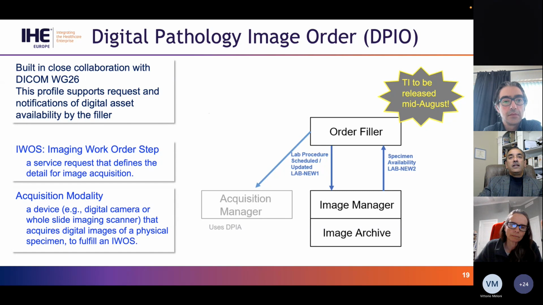So defining the magnification, the type of stain, all these kinds of things that are important to be able to interpret that digital image and create the DICOM image file are all part of the work that we're trying to flesh out. And again, we look forward to working with you on this. Next slide.